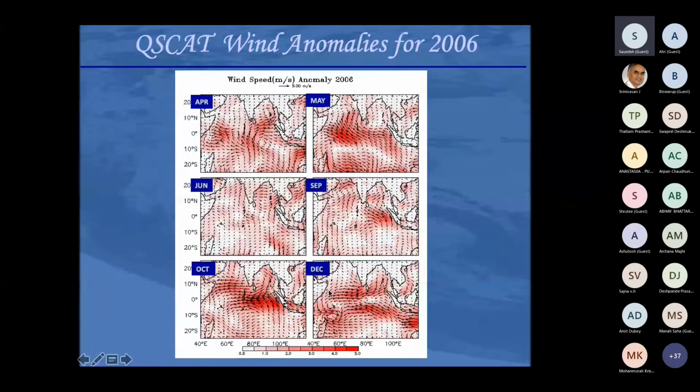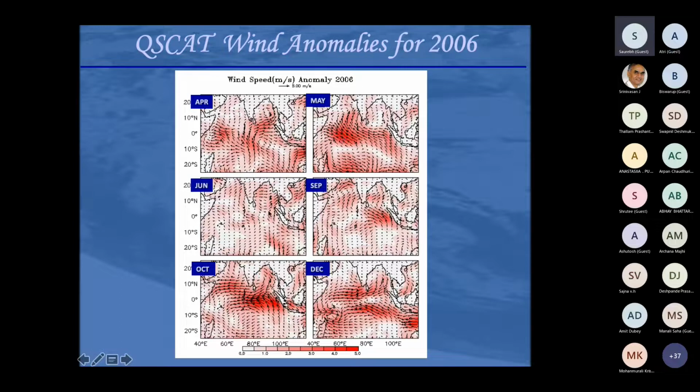This is the evolution of the anomalous winds during 2006. This was a special event because we had very strong wind anomalies in May, and also some wind anomalies in April. In May, you can see very strong wind anomalies blowing from east to west.